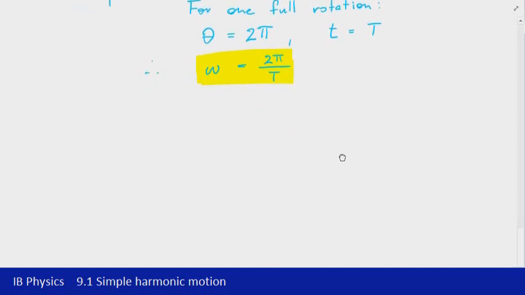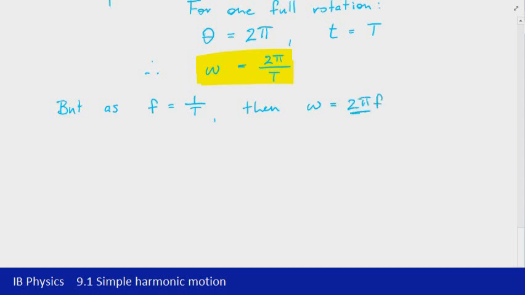To take that a little bit further and to link back to the idea of how we can use omega for angular frequency, we know that frequency is equal to 1 on the period, so f is equal to 1 on T, as we saw in unit 4. We can then make a substitution, given that we've got this divide by T, we can then say that omega is actually equal to 2 pi f.